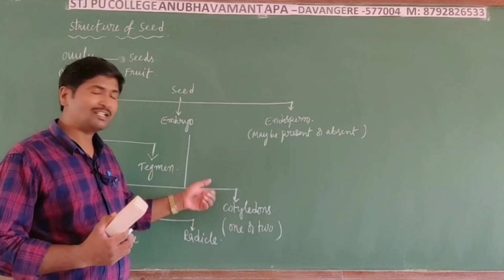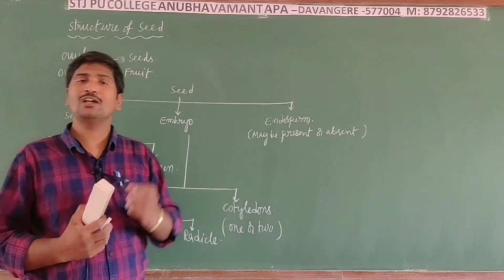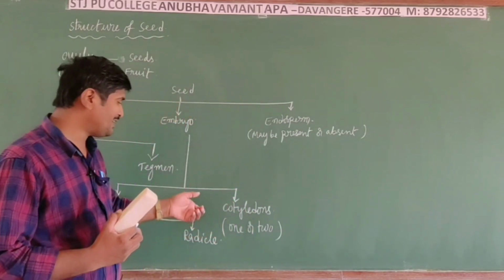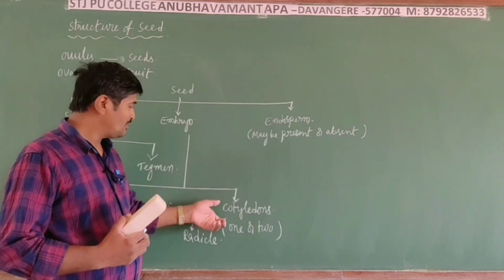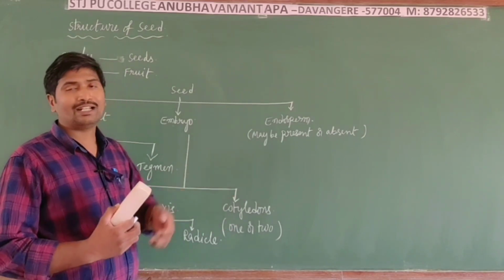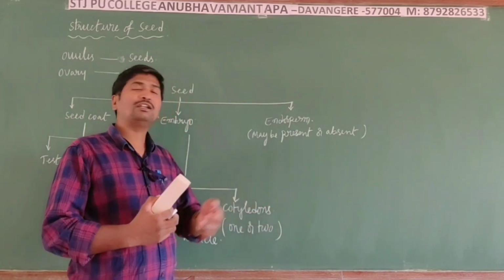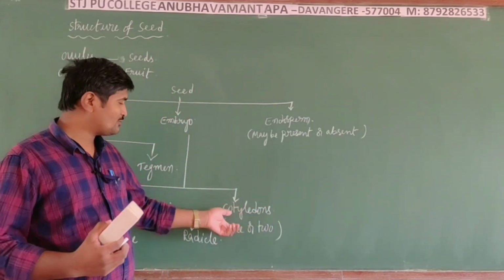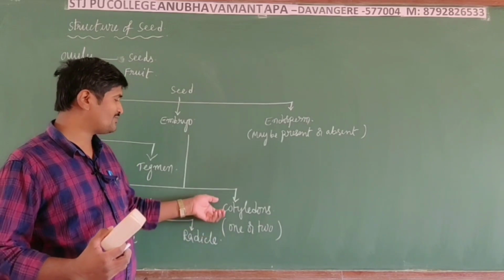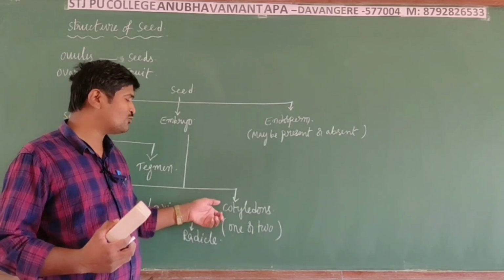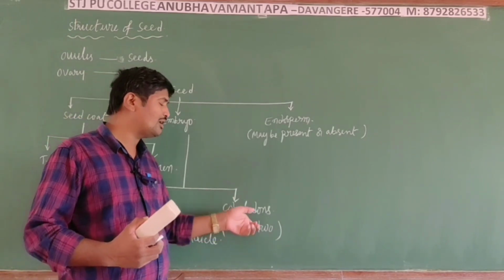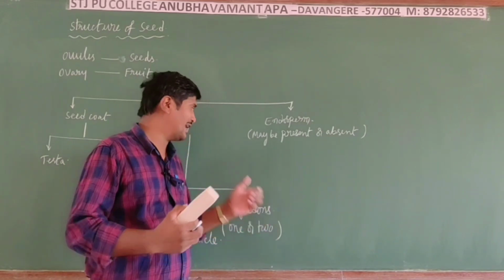One is the dicotyledonae, another one is the monocotyledonae. What is the meaning of monocotyledon? Only one cotyledon is present in their seed. Dicotyledons, two cotyledons present in their seed, are known as dicotyledons. That's why there is one cotyledon in monocots and two cotyledons in dicots.